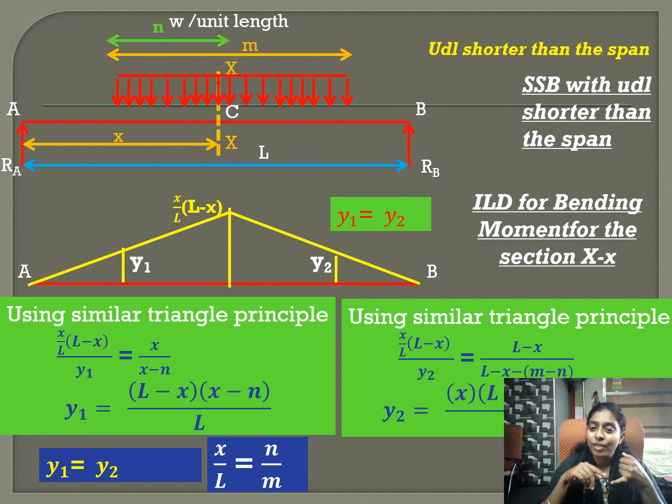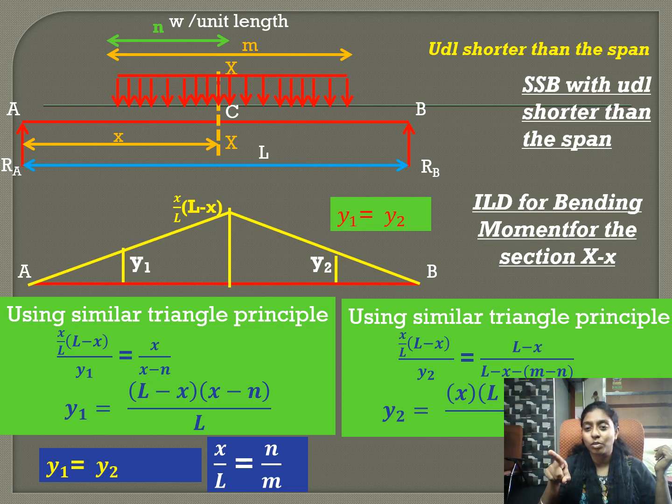X is the distance of the section, L is the length of the span, M is the length of the load, N is the unknown value. So, we will be able to find N using this relation. If N is known, we will be able to find Y1 and Y2. We will be able to find the maximum bending moment. So, this relation is important.